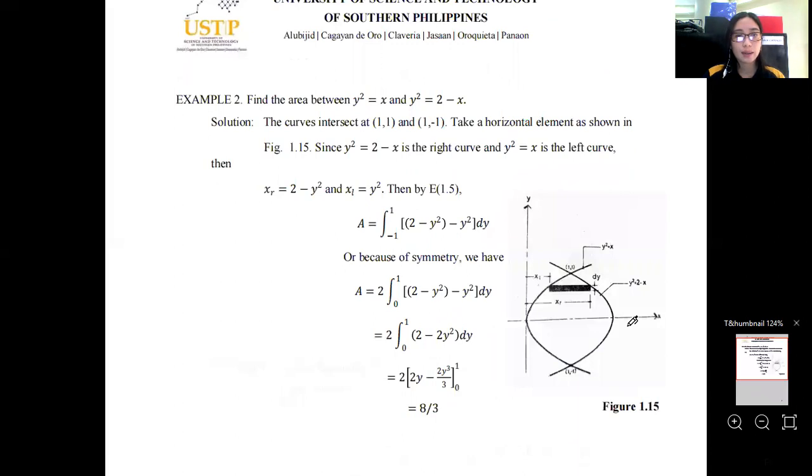So for the area, let's proceed with the second example.